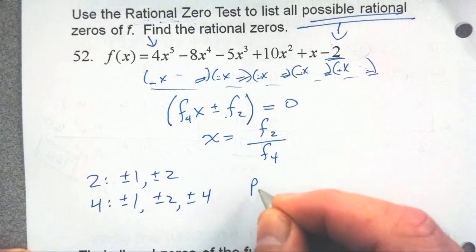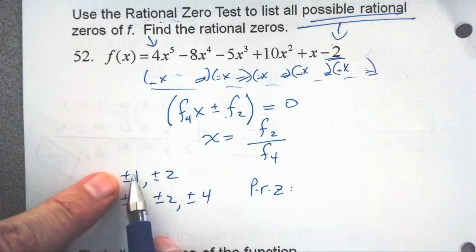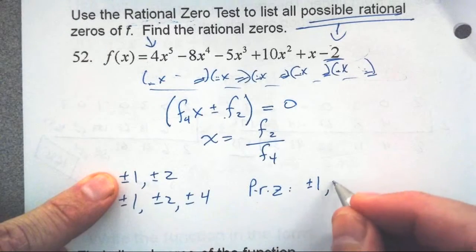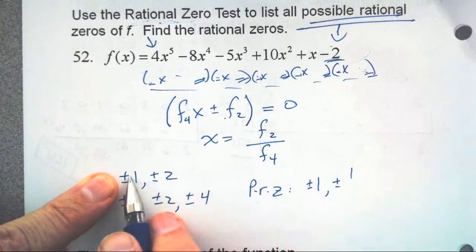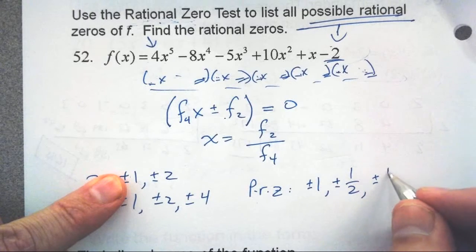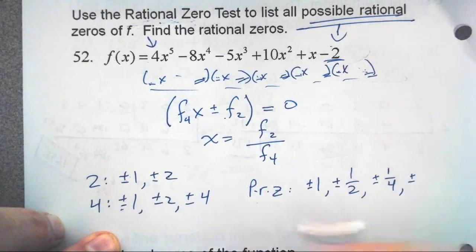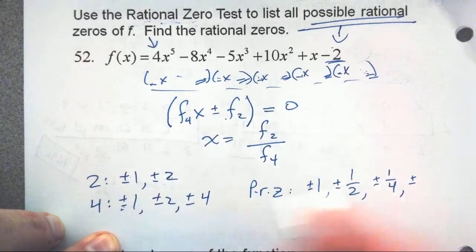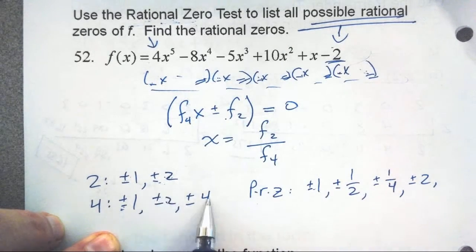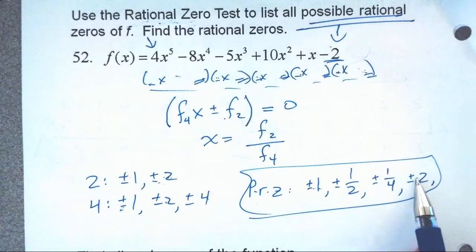So our possible rational zeros are plus or minus 1 on plus or minus 1, which is just plus or minus 1, plus or minus 1 on 2, plus or minus 1 on 4, plus or minus 2 on 1, plus or minus 2 over 1, plus or minus 2 on 2, but that's 1, plus or minus 2 on 4, but that's a half. There they are. So I have these 8 numbers.